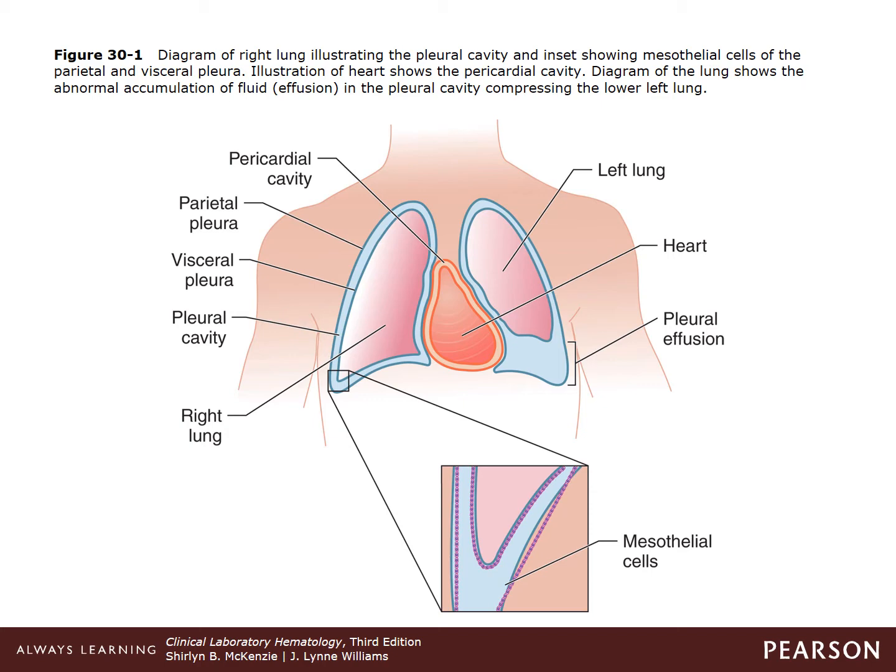On the right-hand side is where you have a pleural effusion. That means a buildup of fluid that is pushing or compressing your lung upwards due to some kind of problem or inflammation. So here, with this effusion, we take an aspiration of that and send it to the lab for analysis.